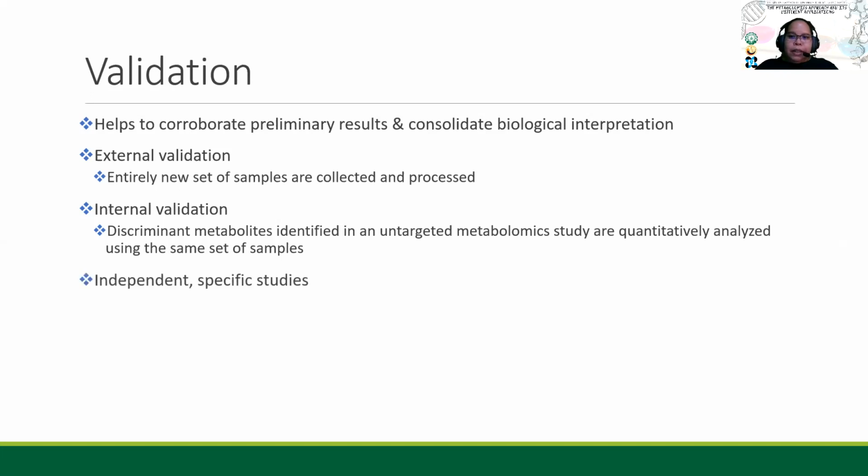You can also have independent specific studies. So for example, if you have done an in vitro study, those metabolic pathways that you have identified to be significantly differentiating, you can look at it in an in vivo or in humans, and vice versa. So these are the different types of validation techniques that you can make use of.